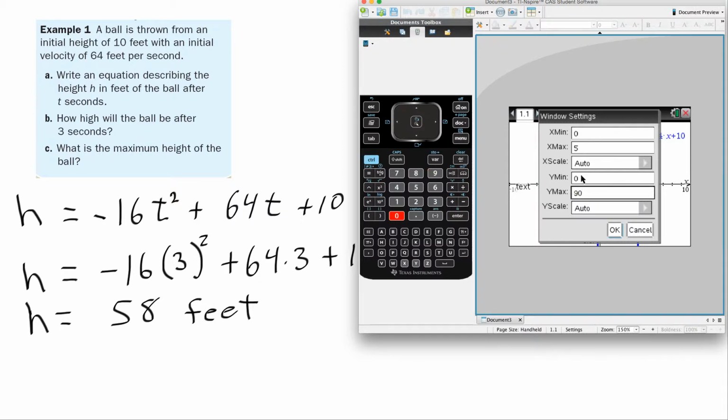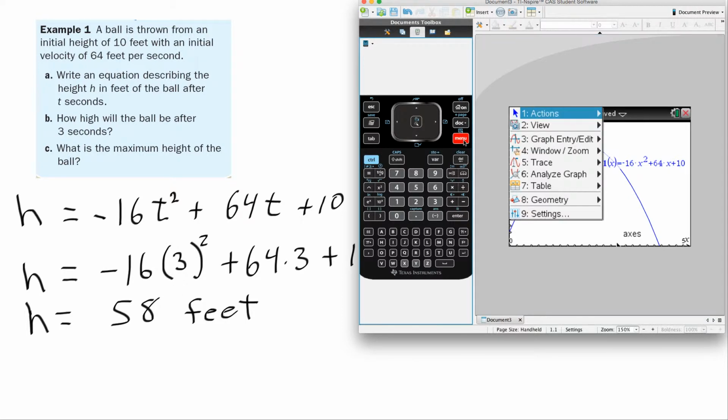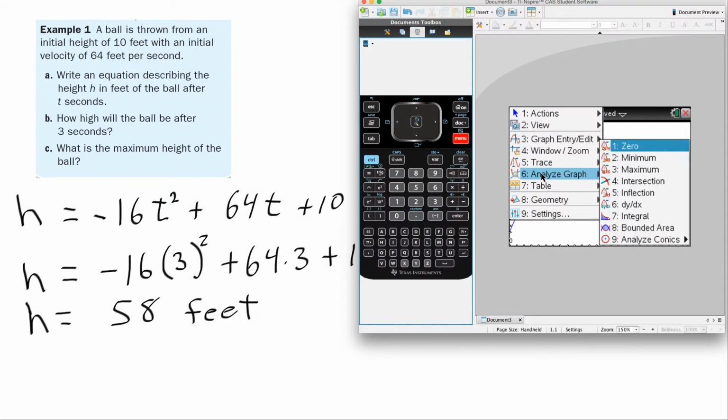Oh, okay. So I've got a graph now, and that graph shows me my parabola. We go into Menu, and in Menu, we have an Analyze Graph function. That's number 6. I want the maximum because I've asked for the maximum. Analyze graph, maximum.